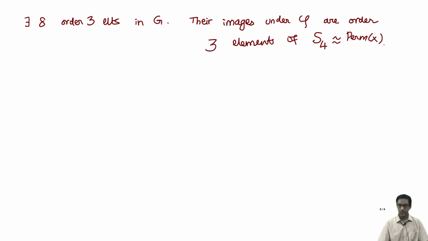And why is this? Because if I have an element A whose order is D in general, if A power D is identity and I apply a group homomorphism, this tells me that phi of A power D is also identity, but this is phi A whole power D, okay.